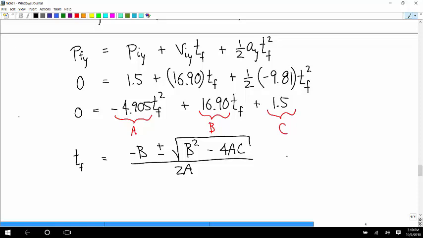In this case, the two answers that come out are 3.53 seconds and negative 0.086 seconds. We want the positive one. We don't want the negative one.